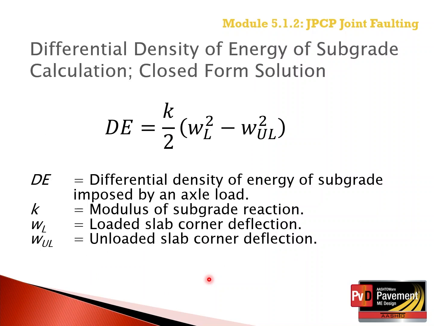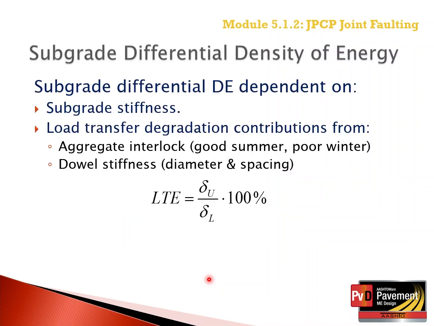The closed form solution of the differential density of energy of the subgrade is included on this slide and is highly correlated to the loaded and unloaded deflections at the slab corners on different sides of the transverse joint. The differential density of energy of the subgrade depends on the load transfer efficiency across the transverse joint.